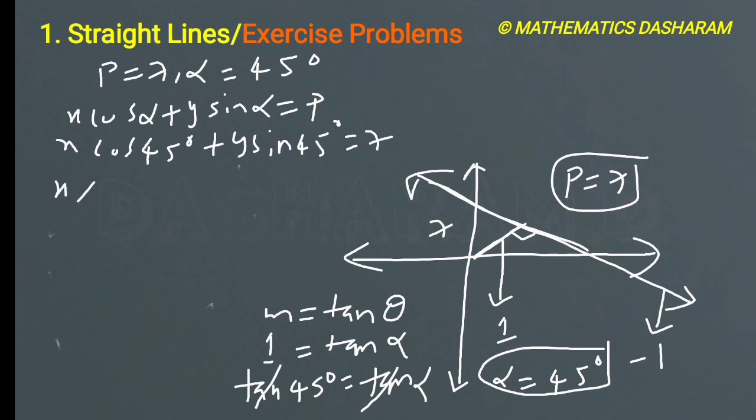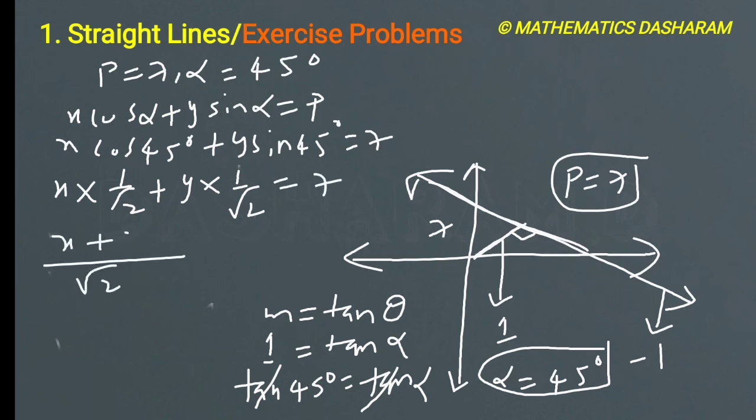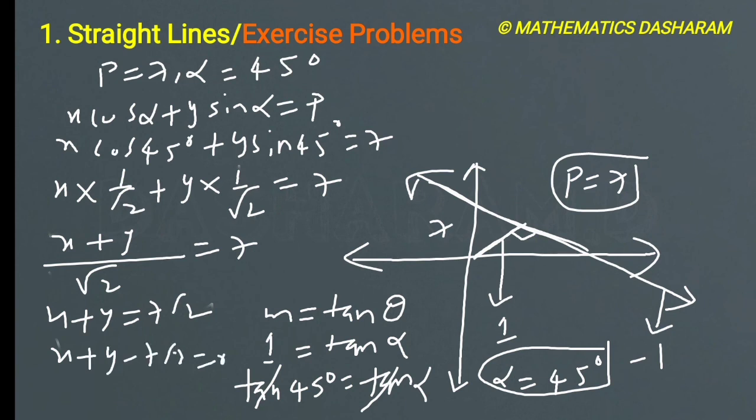So x into cos 45, 1 by root 2, plus y into sin 45, it is also 1 by root 2. Then root 2 is the LCM, x into 1 is x, y into 1 is y. So then x plus y equals 7 into root 2. X plus y minus 7 root 2 equals 0 is our required answer.